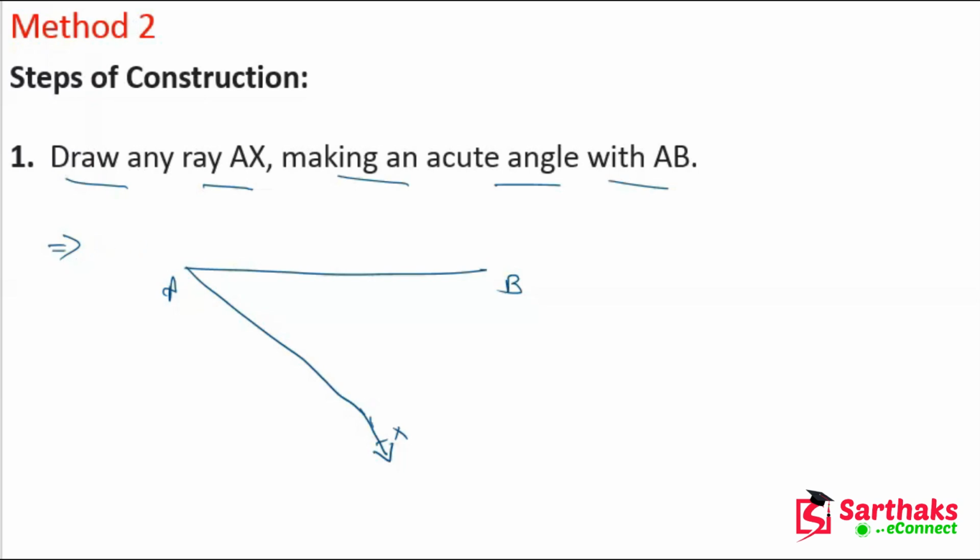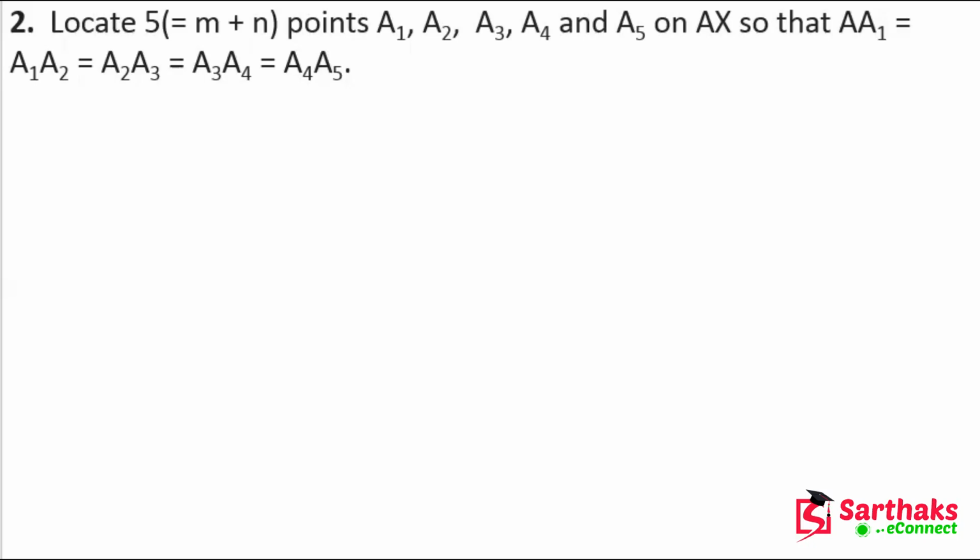Now let's move on to the second step. Locate 5 points, because m plus n is 5. So we have to locate 5 equal points, A1, A2, A3, A4 and A5 on AX, at equal distances like this.